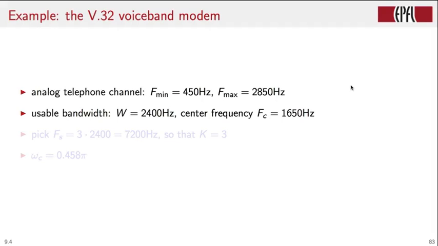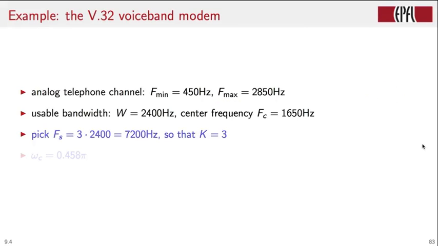Now remember, in our all digital paradigm, we have to pick a sampling frequency that is at least twice the highest frequency there. So F max times 2, this would give us a sampling frequency of at least 5,700 Hz.